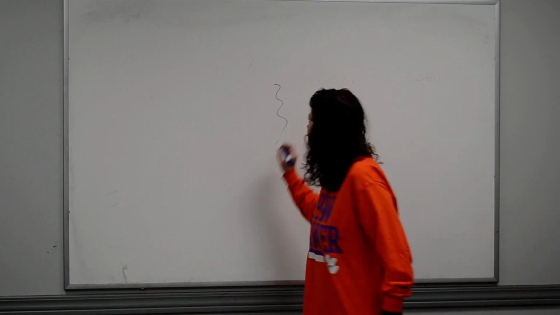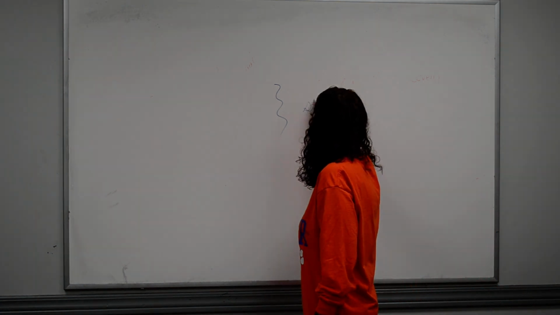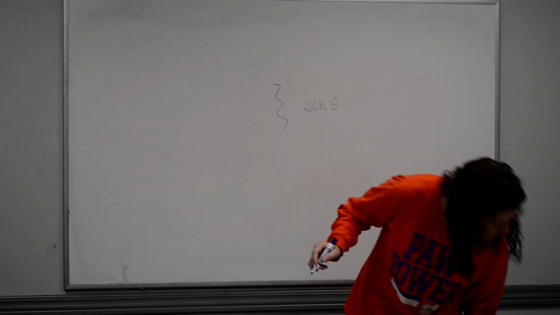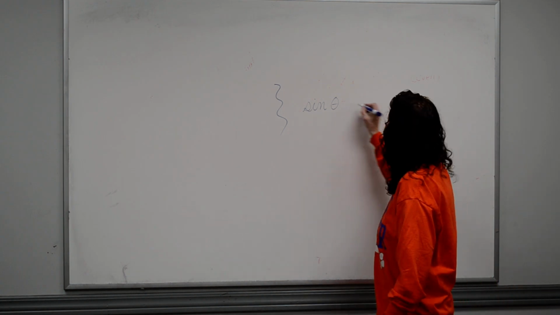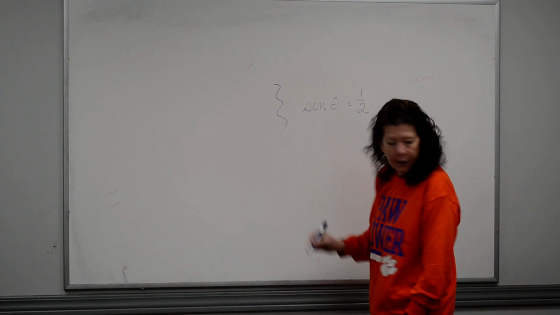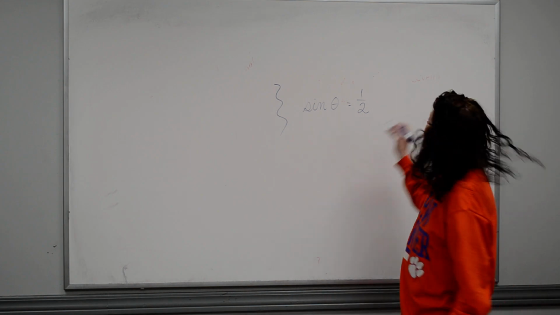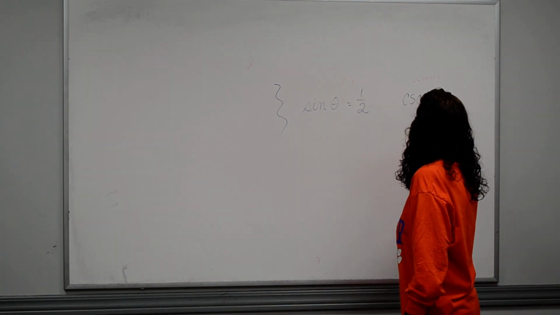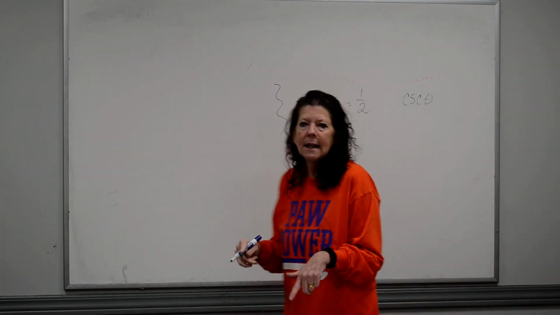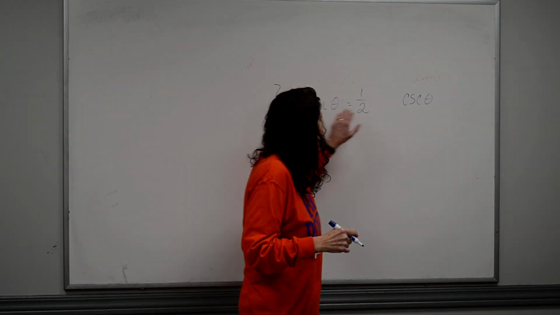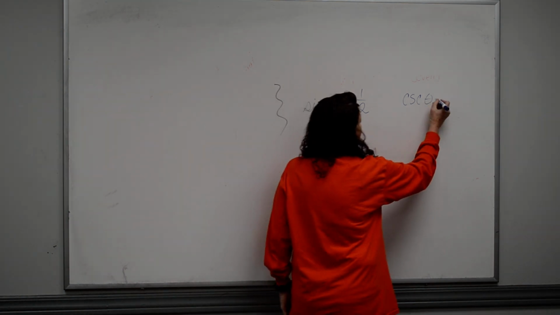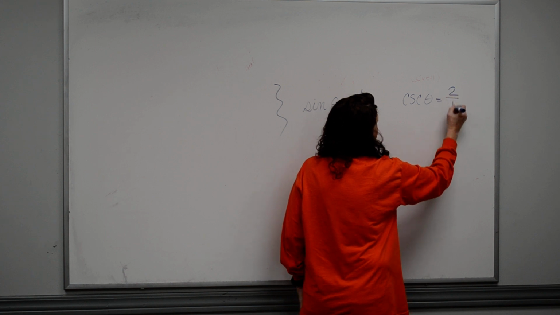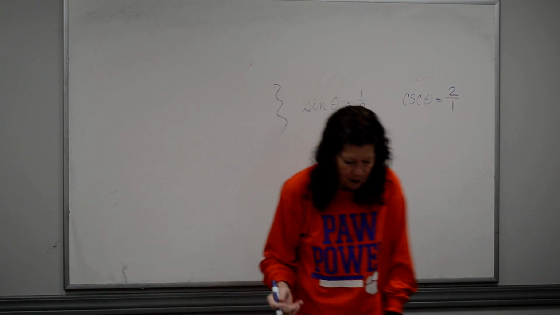You start out with, the sine of theta is equal to 1/2. You are trying to find the cosecant of theta. Well, your inverse identities tell you that this is the inverse of this. So literally to get this one, all you have to do is flip it, and then you're done.